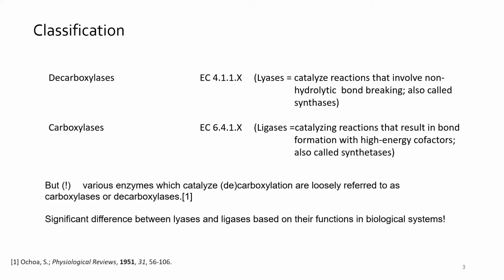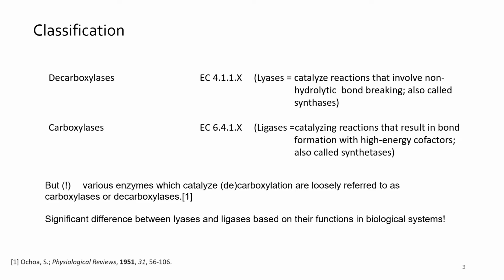By definition, decarboxylases belong to the enzyme commission class 4, which is the class of lyases, which usually catalyze reactions that involve non-hydrolytic bond breaking, and these lyases are usually called synthases. On the other hand, by definition, carboxylases belong to the group EC 6, which are the ligases, which catalyze reactions that result in bond formation, however, with high energy cofactors, and this group is usually called synthetases.